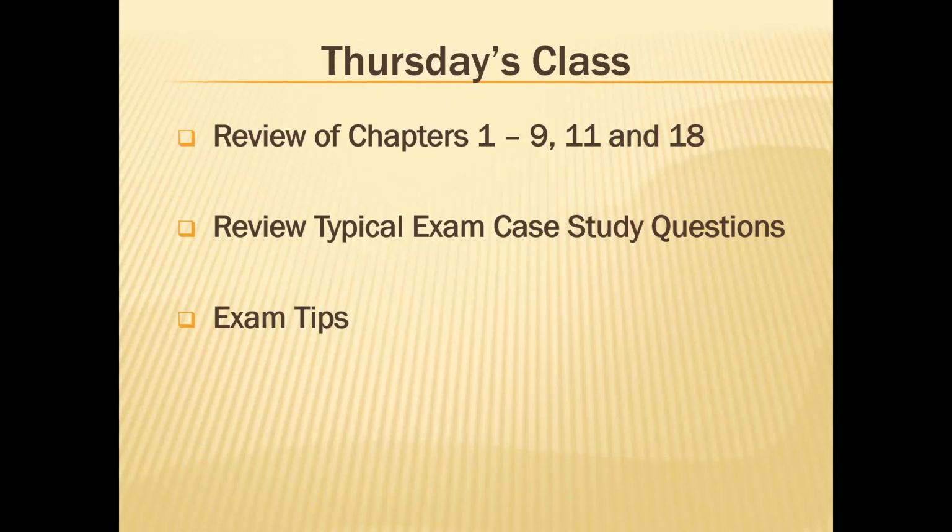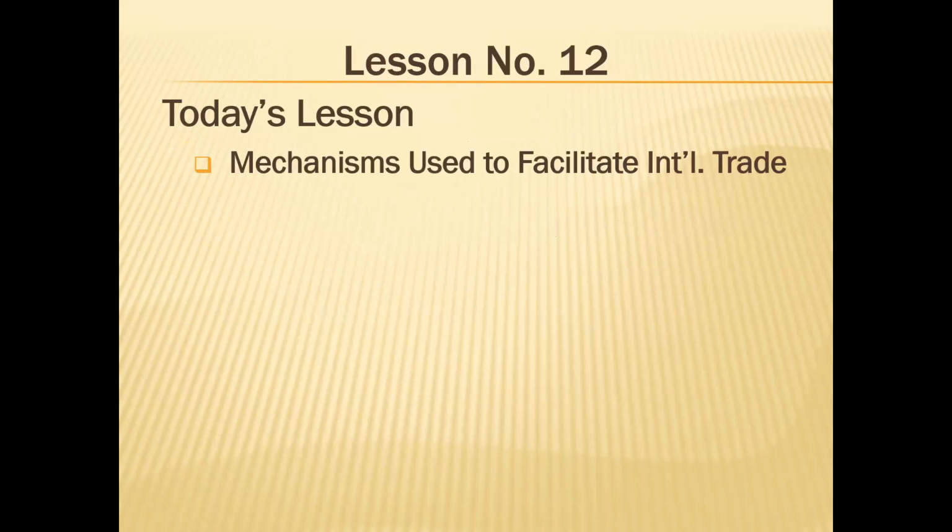Okay, so tonight we're going to be looking at mechanisms used in international trade. So that starts on page 97 and ends on page 100. So the first thing we're gonna look at is the letter of credit, which we looked at in one of our earlier chapters when we were looking at some of the different business products.